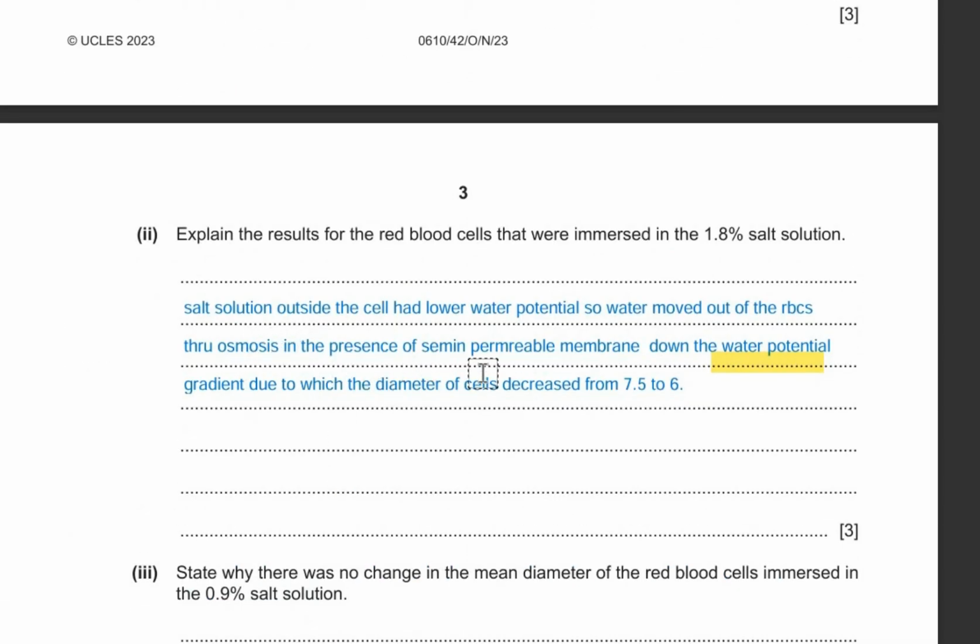So I have written this within the answer. Make sure to use terminologies like water potential gradient and semi-permeable membrane, because these are the IGCSE terms which will help you get those marks.